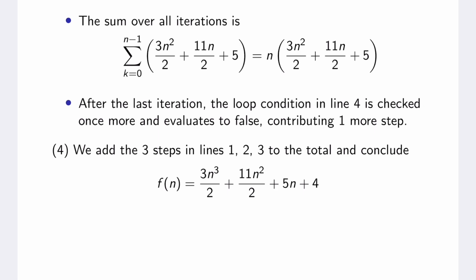Simplifying the summation gives us this. Notice that it was actually really easy. We just replaced a summation with the variable n multiplied by the expression that was already in the summation.